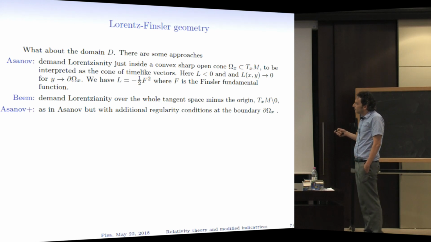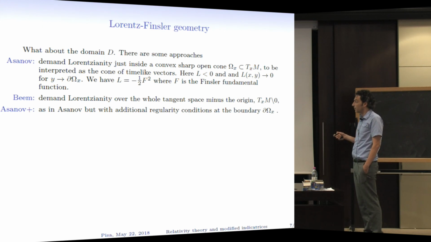So what about this domain? There are two approaches. You can demand Lorentzianity just inside the convex sharp open cone, omega, which is your domain D, which you interpret as the cone of time-like vectors. So L is negative there. It goes to 0 at the boundary, and L is this quantity here, where F is the usual Finsler fundamental function.